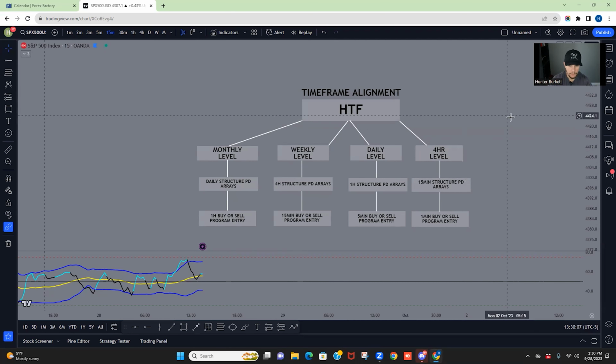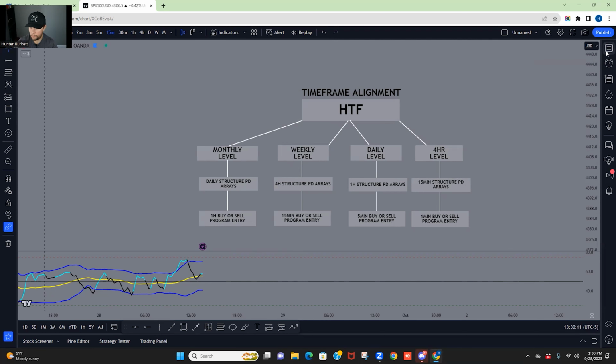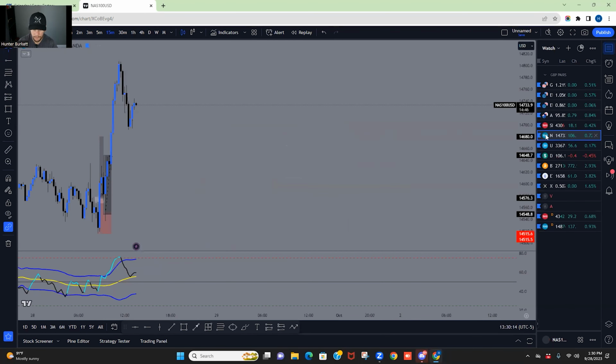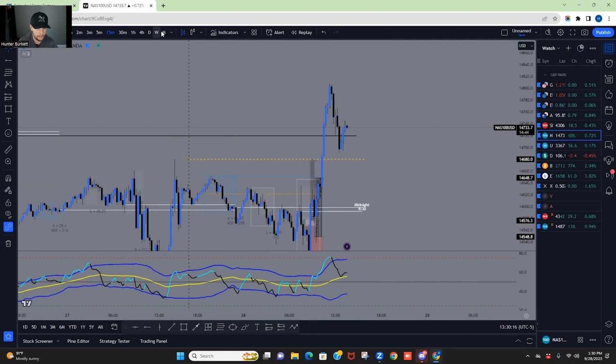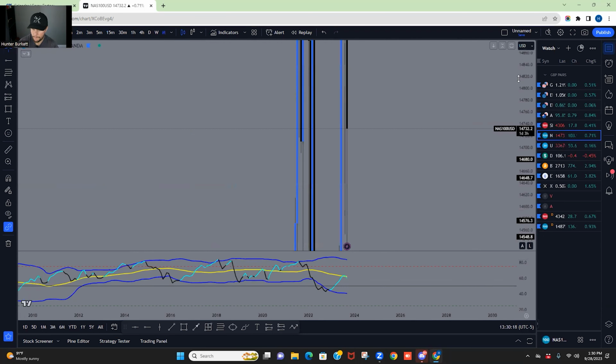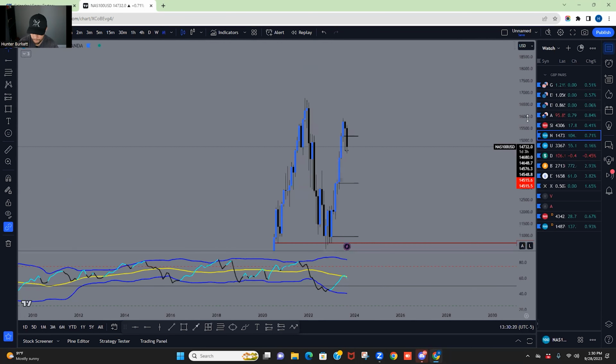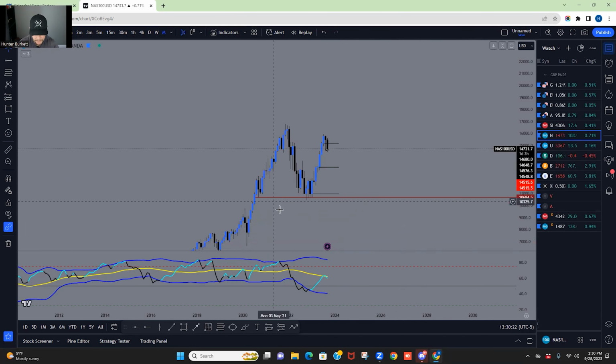Now I'm going to run through each individual one. Let's go to NASDAQ, to the monthly level. On the monthly chart, I want you to pay attention to this low and this low. What did I tell you? When the market takes a higher low, you want to be thinking, I just took liquidity.